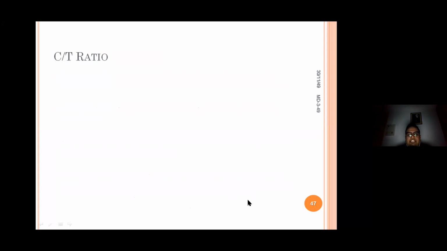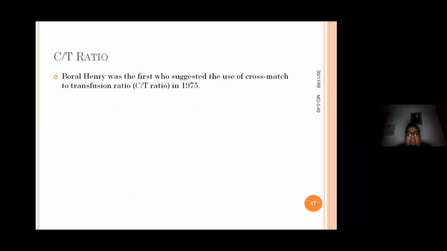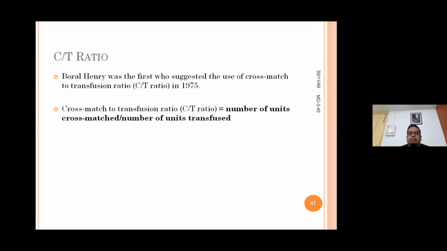First, the CT ratio. This was put forward by Boral and Henry, who suggested the use of the CT ratio in 1975. It is the number of units cross-matched divided by the number of units transfused. I'll show you with examples what it actually is.